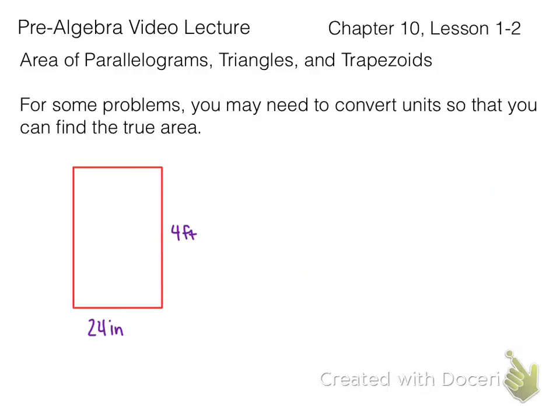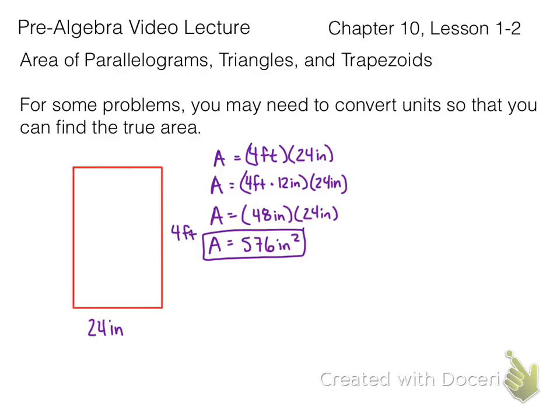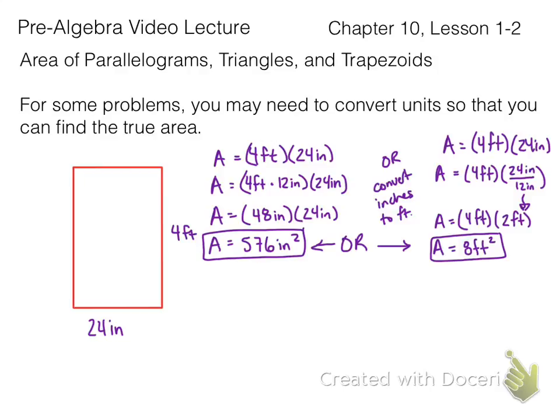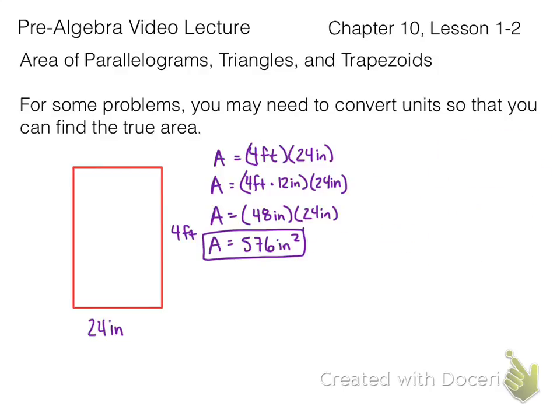Alright, so an example of converting. You may actually have to convert some units before you can do the problem. For this particular one, I have a rectangle that is 24 inches by 4 feet. There are 2 ways you can do it. You can convert the inches into feet or the feet into inches.